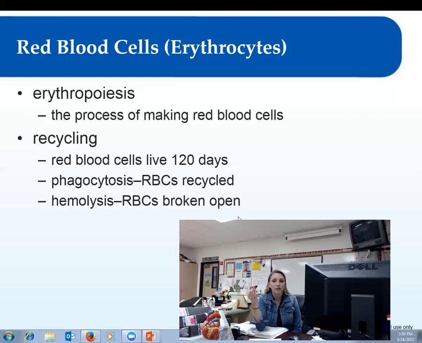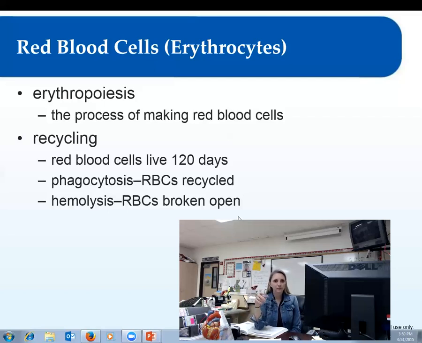Could be an iron deficiency anemia, or that we're decreased in red blood cells as a whole. But our kidneys recognize that we're low on oxygen carrying capacity, and when that happens, the kidneys secrete a hormone called erythropoietin.